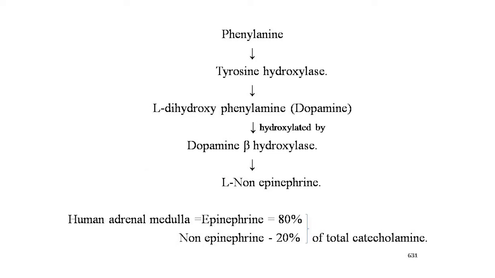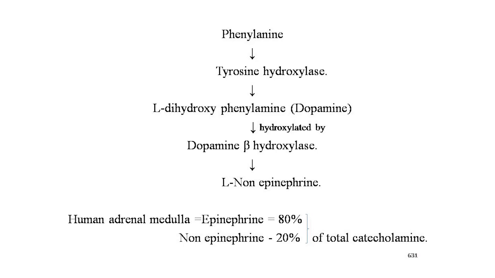Now the physiology of the adrenal medulla: phenylalanine is converted by tyrosine hydroxylase to L-dihydroxyphenylalanine, that is DOPA. DOPA is decarboxylated to L-dihydroxyphenylethylamine, that is dopamine, by aromatic L-amino acid decarboxylase.